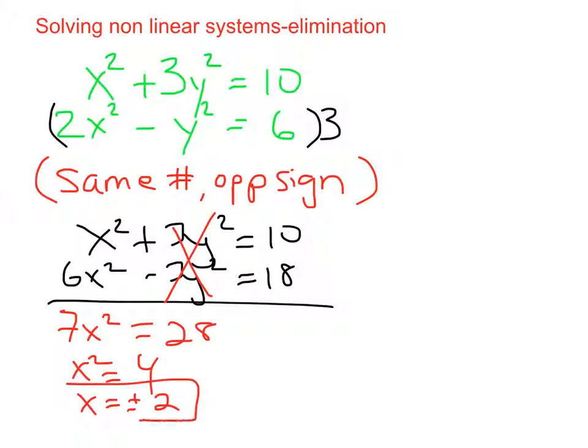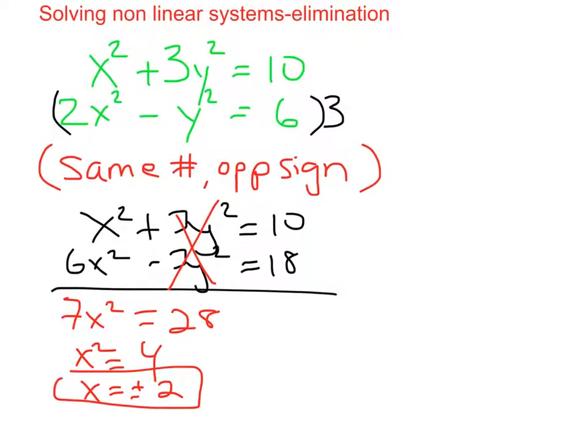So now those are my x values, and I have to plug them back in to get my y values. I can only solve for one x value at a time, so I'm going to start with positive 2 and then go again and do the negative 2. Plugging in positive 2, I get 2 squared plus 3y squared equals 10. So that's 4, and I can subtract it over.